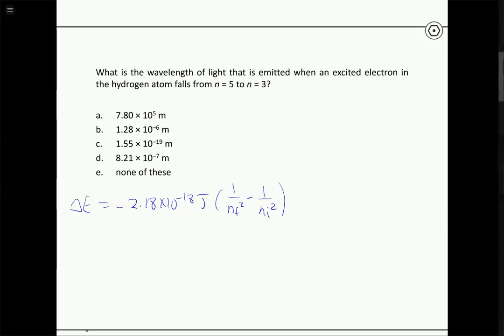So in this question, if we want to be rigorous about the different n values, we're going from n equals 5, our initial value of n, to n equals 3, our final value of n. The first thing we're going to do is use this equation with these two values of n.